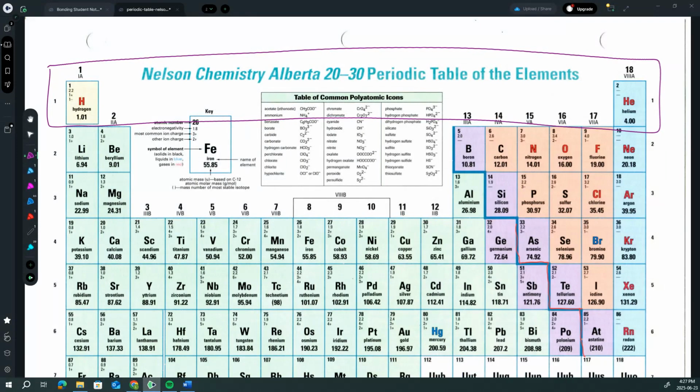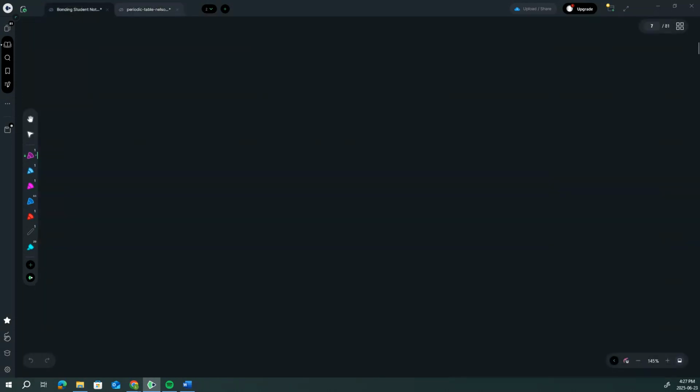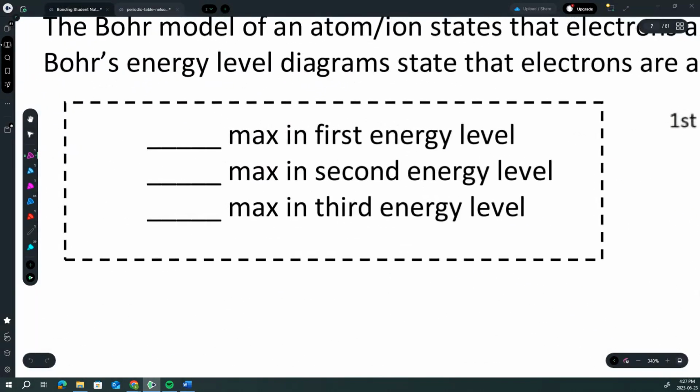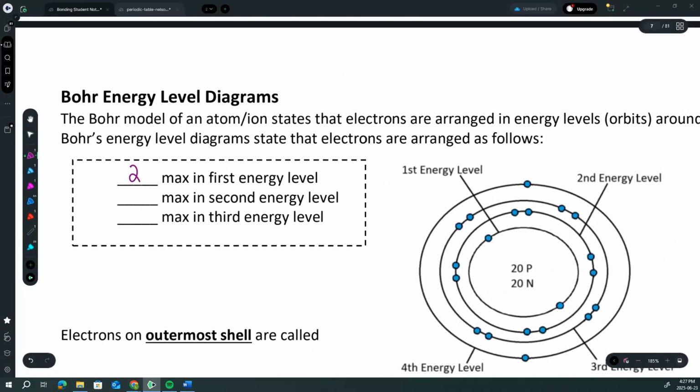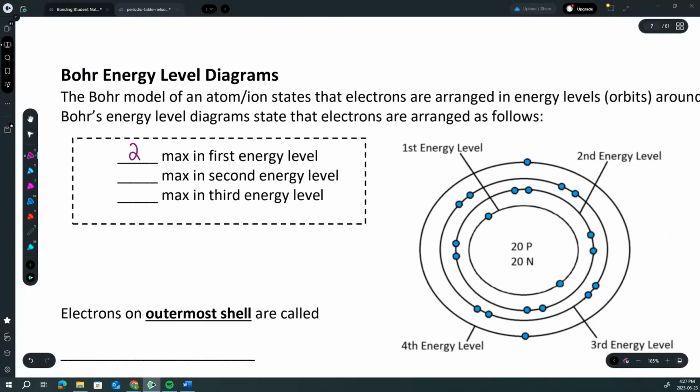The maximum number of electrons that can go in the first energy level is 2. So let's write that. These are important numbers to know, but why I'm showing you the periodic table is so that you don't necessarily have to memorize each number.